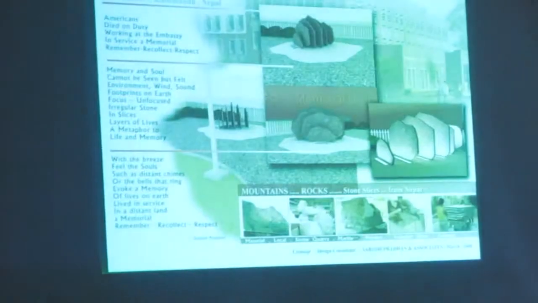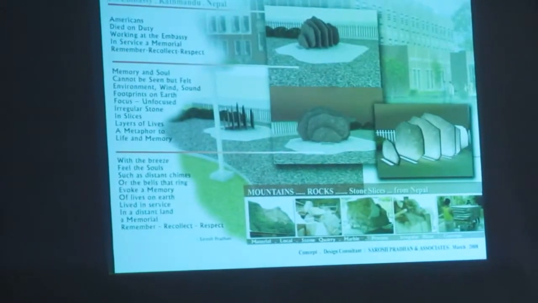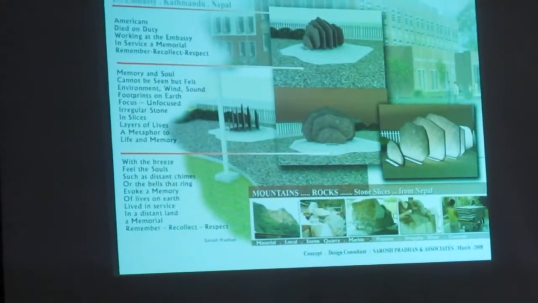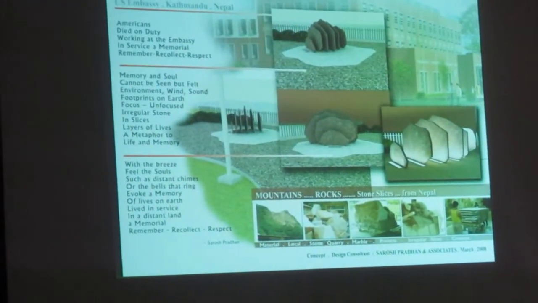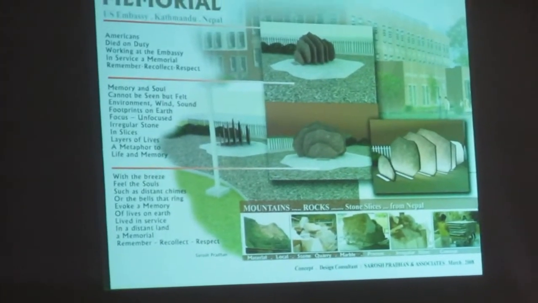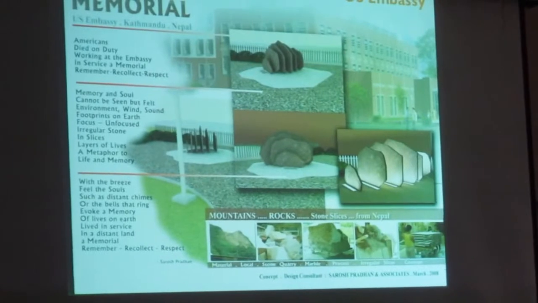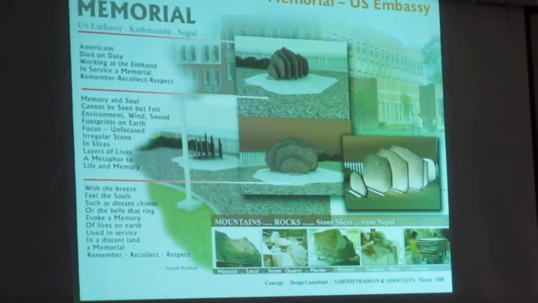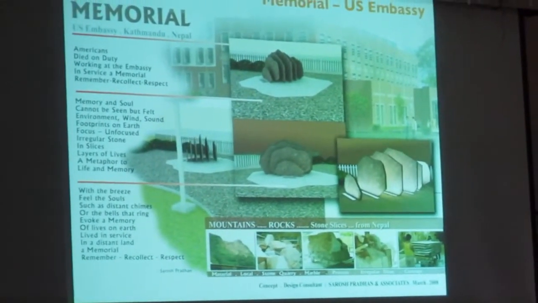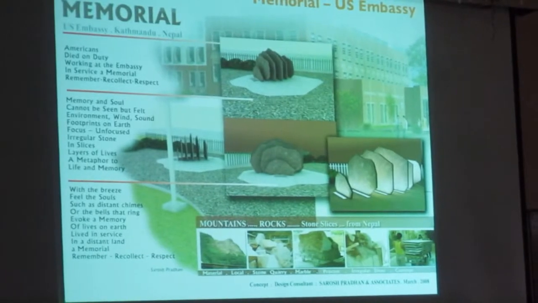And what we really did was, Nepal is about rocks, about mountains. And we thought that it would be very interesting, instead of making a structure that had a roof and a statue or an icon, we thought that it should be a sculptural element in the garden.